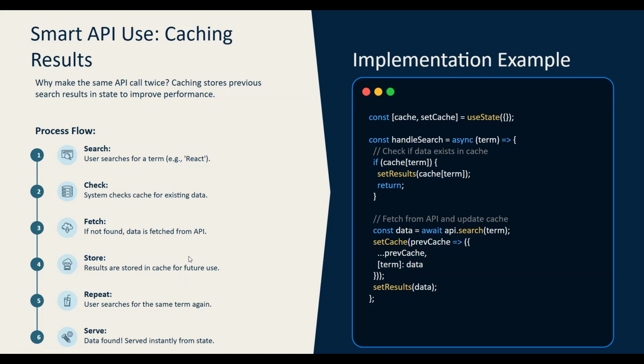Okay, you definitely don't need a separate built-in hook for caching. To implement a simple version, you can just use regular React state variables, just like this example you can see in this slide. And if you find yourself repeating that logic in multiple places in your app, then that would be a great case for a custom hook.